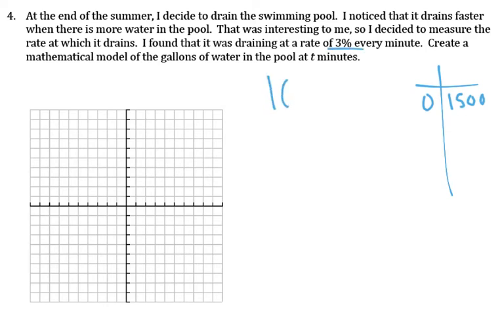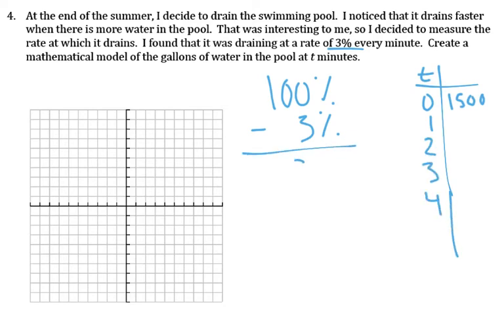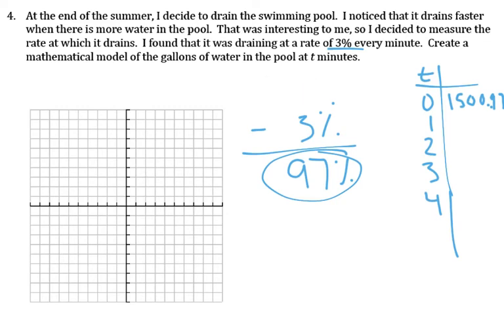Okay, so if we've got a full percent, we're subtracting 3% every minute. So t for time in minutes. But we're draining by 3%, so we're left with 97%. So we would times by 0.97. That's how we'd get the next number.